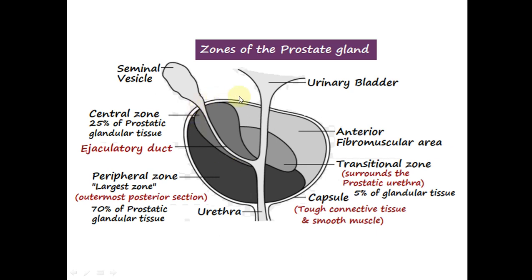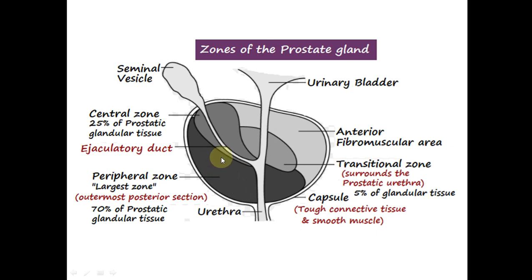The gland is surrounded by a capsule which sends out connective tissue septa to divide the gland into a number of compound tubulo-alveolar glands, the follicles. So the peripheral zone is the largest zone, and it is the outermost posterior section of the prostate.